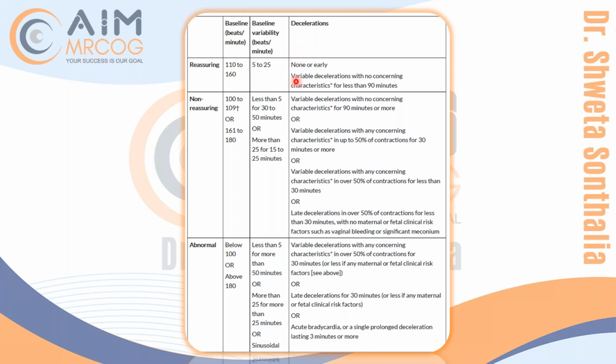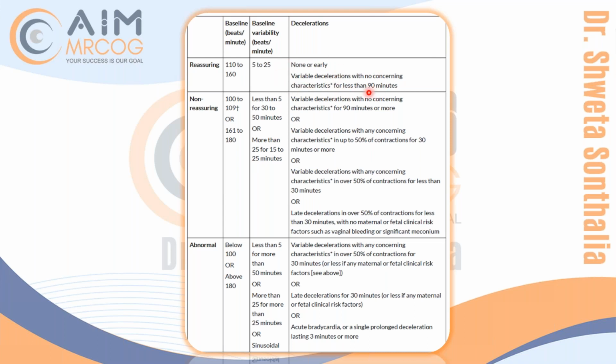No deceleration is fine, even early deceleration is fine. So early deceleration doesn't make it suspicious. Please remember this. Early deceleration is just because of head compression of the baby, and it is not suspicious, not non-reassuring. It's a normal feature. So early deceleration is a normal CTG.